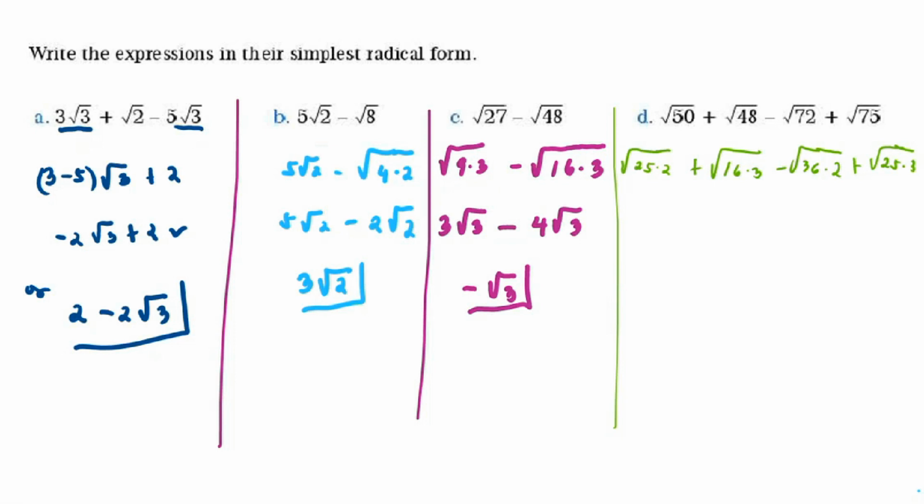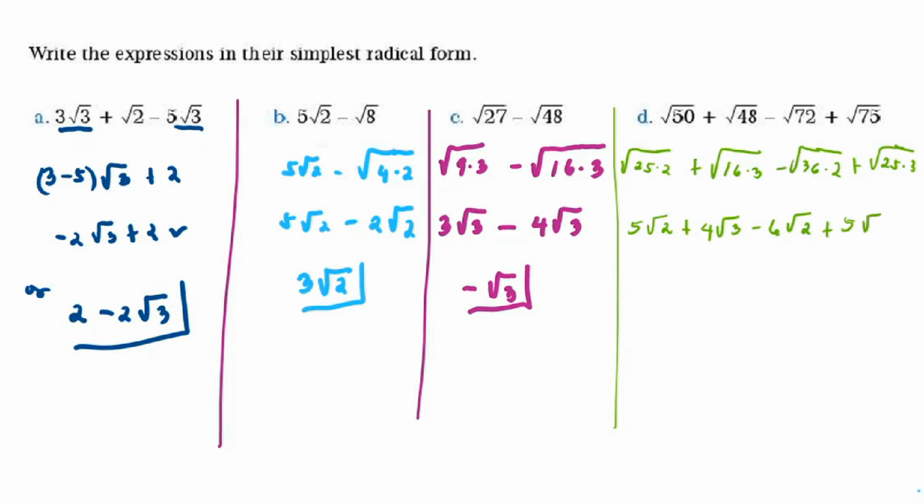Okay, now take the roots. For this, we have square root of 25 is 5 square root of 2 plus square root of 16 is 4. So we have 4 square root of 3 minus, take the roots of 36, that is now 6 square root of 2 plus square root of 25 is 5.